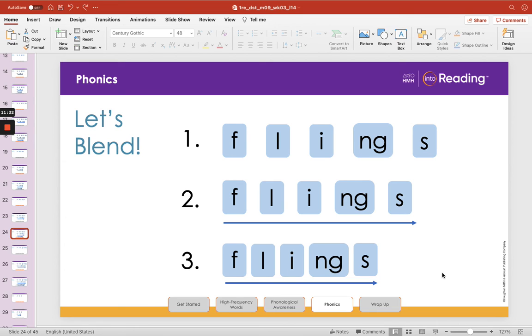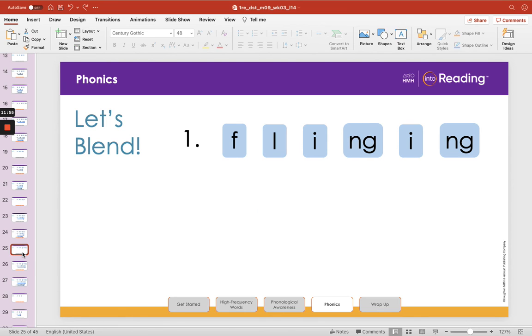Fling can mean a short try at something or to throw something. So how did the ending change the meaning of the word? Well, I added an S to it. It can mean more than one fling, or it tells that someone else flings something. Flings, like if you fling it across the room.